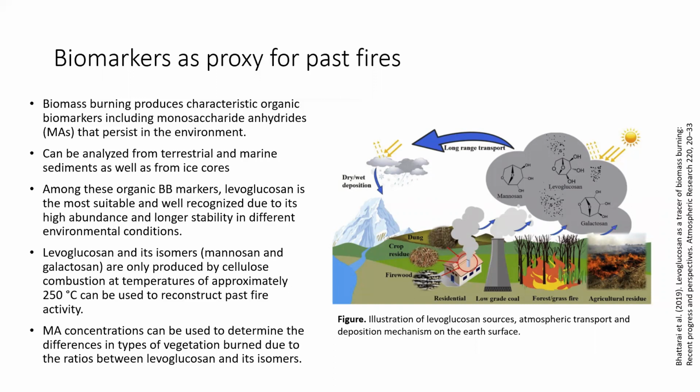So it can be used to determine the different types of vegetation, when these chemical compounds are compared between each other, seeing the relative amounts of levoglucosan and its isomers. So these chemical compositions can be used to determine the fire types.